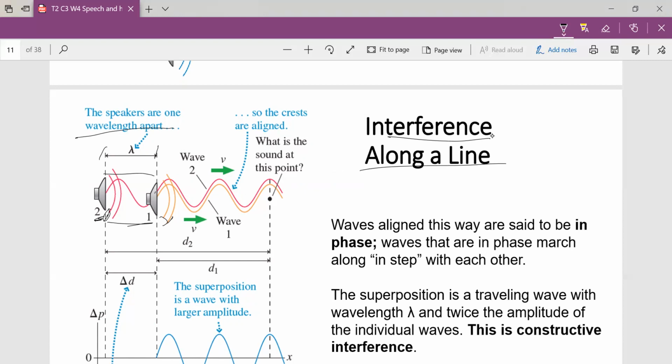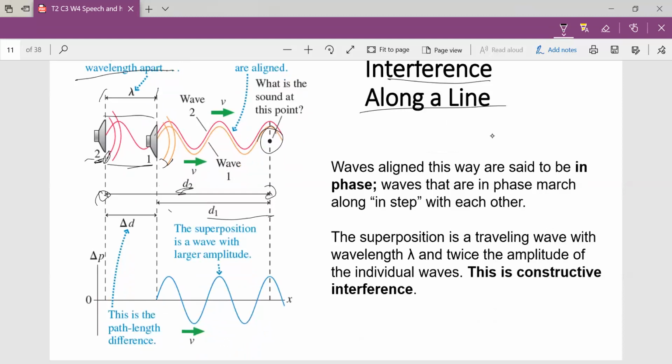Okay, so we see the crest coming into the crest of the second one, the trough going into the trough of the first one, and at the point, both come to this point where you can hear the sound. All right, so we see the distance for the second speaker, speaker 2, and the distance for the first speaker.